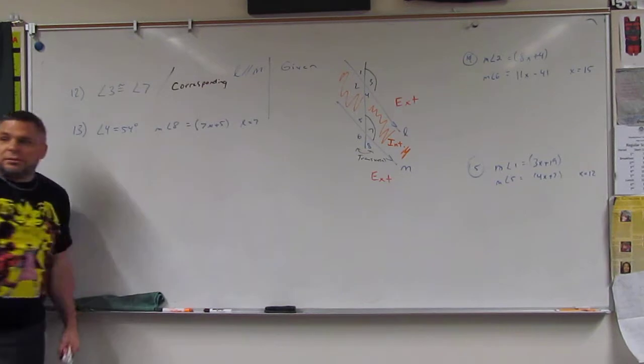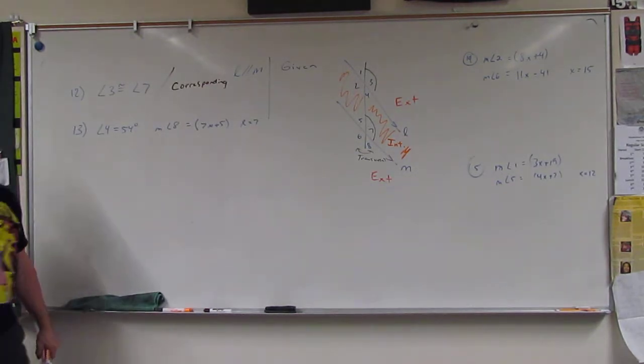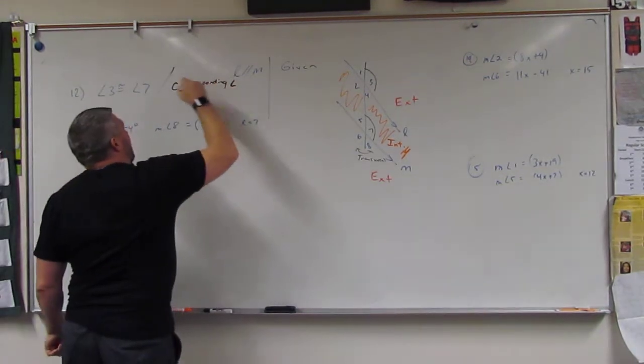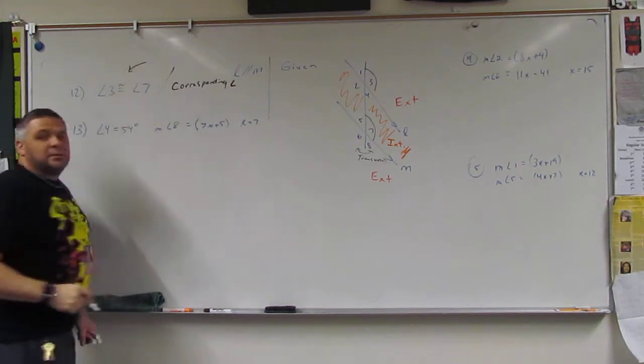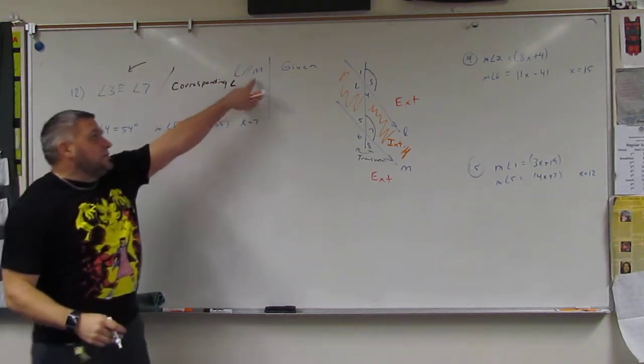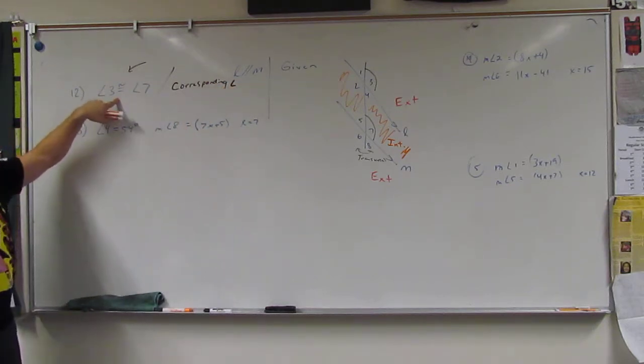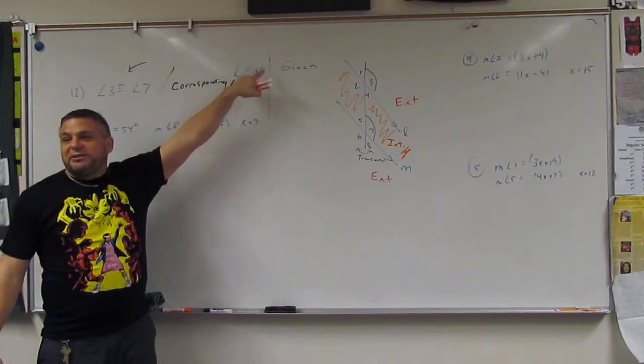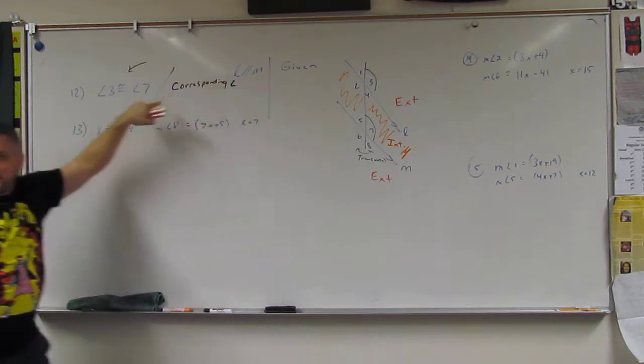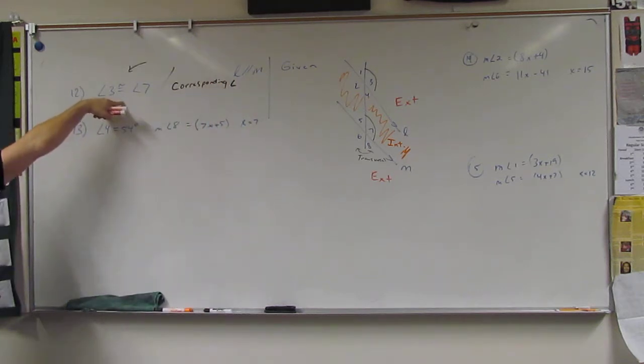That's it. That's all they're asking. Corresponding angles. That proves that these two lines are parallel. Because if these are congruent, then these are parallel. If these are parallel, then these are congruent. Because of corresponding angles. You follow?